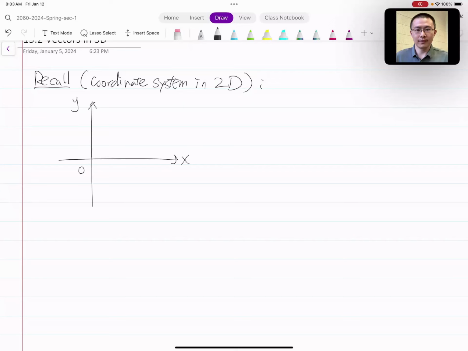And let's say you have a point at (4, 3), as a coordinate pair, right? So you have 4 as the first component, 3 as the second component.